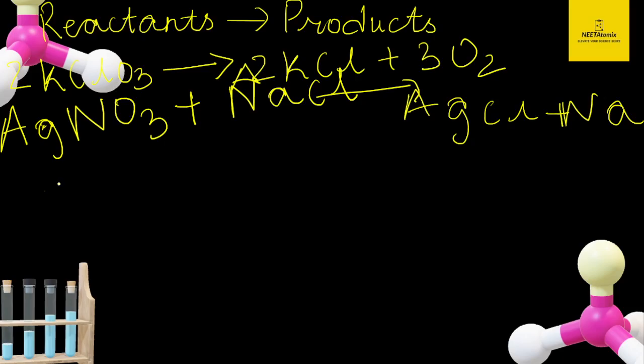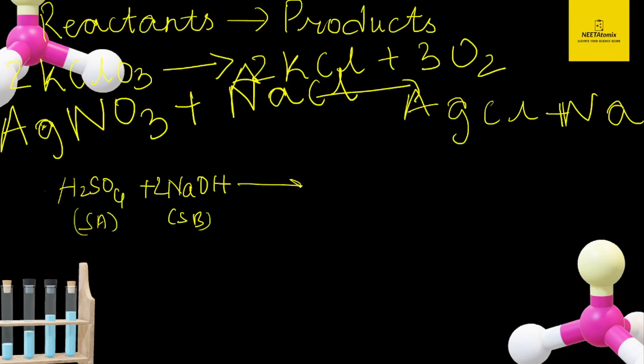For example, the reaction between H2SO4, which is the strong acid, and NaOH, which is a strong base, where we are taking 2 moles of NaOH to balance the reaction, will give you salt Na2SO4 plus 2H2O. These are called neutralization reactions.